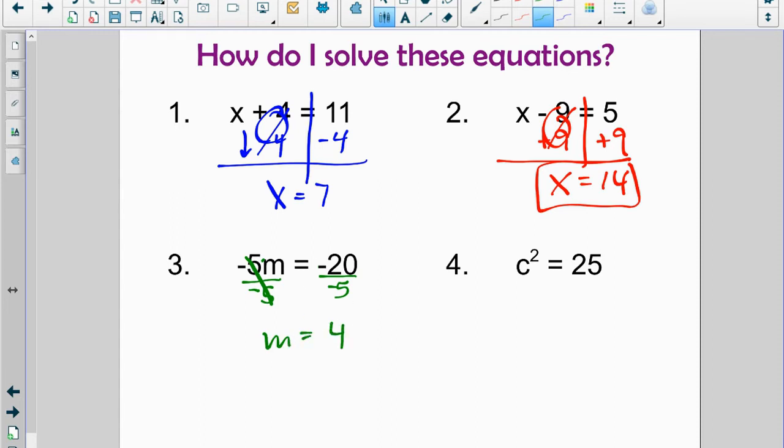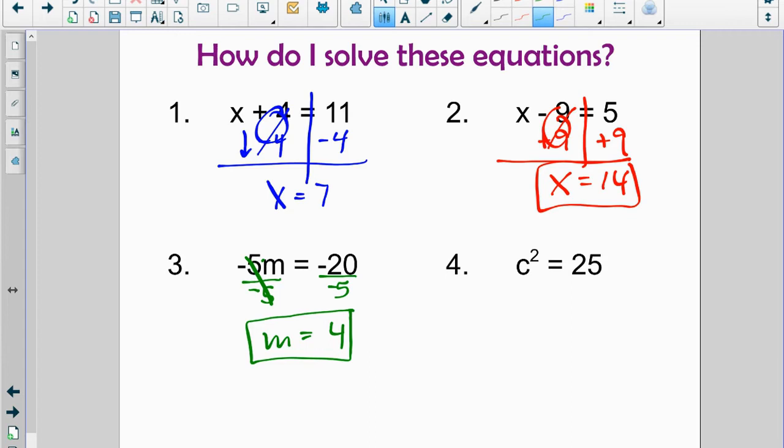So we see that 4 is the solution. If you were to check our solution, -5 times 4 does equal -20. So the opposite or inverse of multiplying is dividing. And I don't have an example of undoing division, but you would use multiplication. I think you guys kind of remember that from earlier this year.